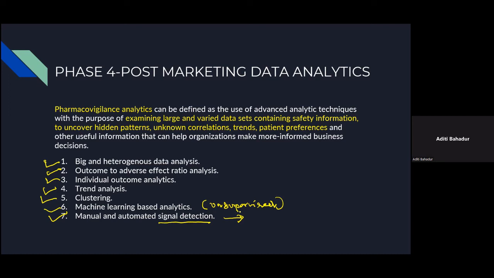However, a combination of automated and manual signal detection is very important, because oftentimes automated signal detection can fail. For example, if we have a certain side effect and it's labeled in a certain way, we have to understand that the whole world does not speak English, and does not have the same proficiency that would be there in labeled data.